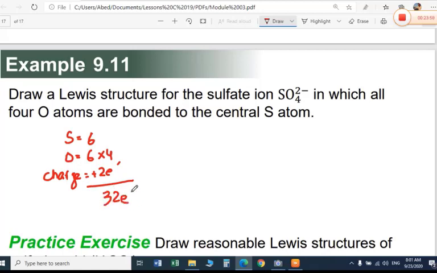Okay. And then we draw sulfur in the center. Only one sulfur atom is here, and 4 oxygens are here. So 4 oxygens are bonded to the sulfur, left and right, top and bottom. So these 4 oxygens are connected here with a single bond, and give the octet. So this oxygen also.